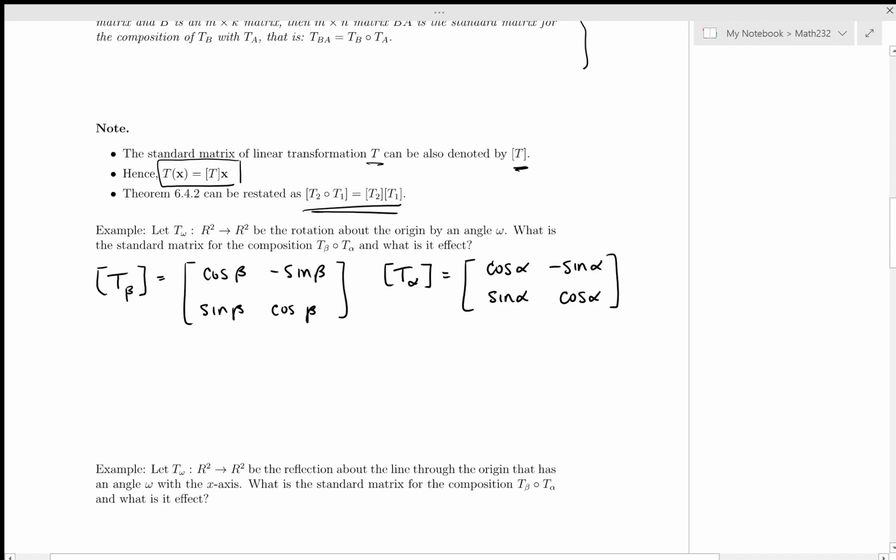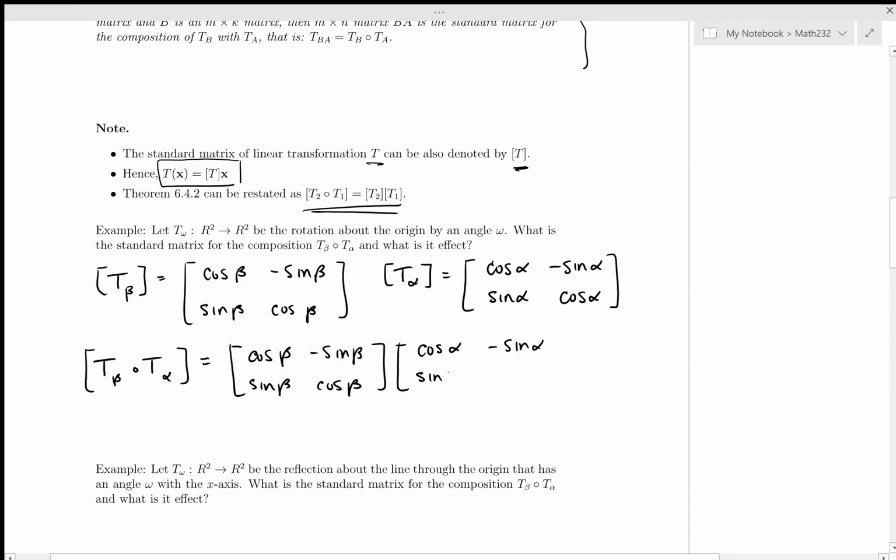Now I'm going to find the matrix that encodes their composition, and that is going to be the product of these two matrices, cos beta minus sine beta, sine beta cos beta, multiplied by cos alpha minus sine alpha, sine alpha cos alpha.